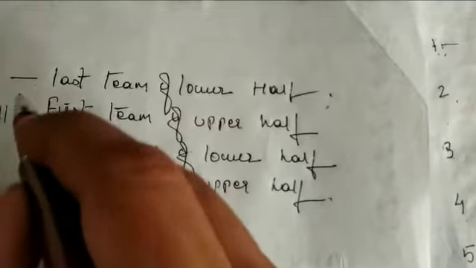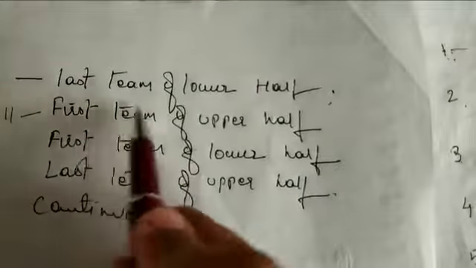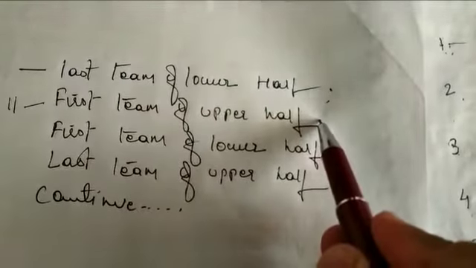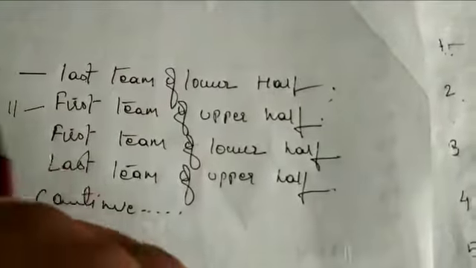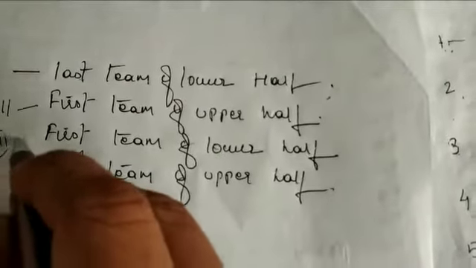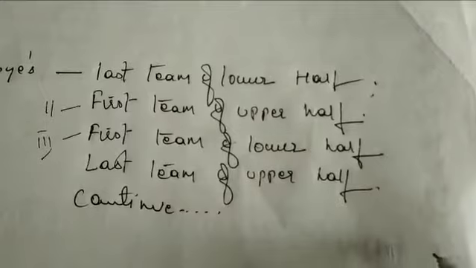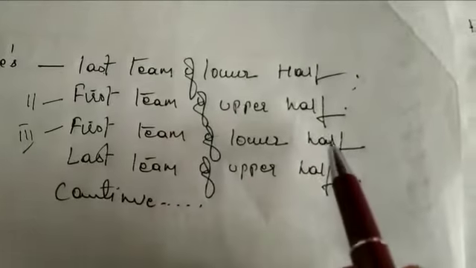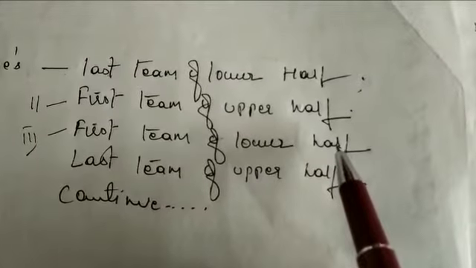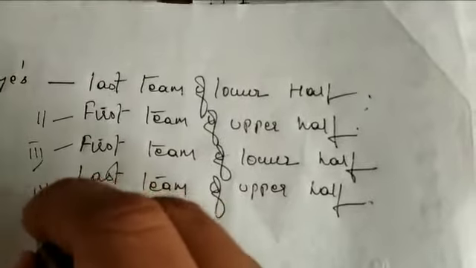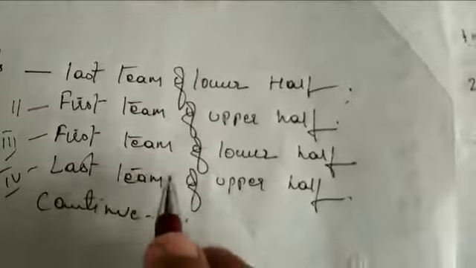Second bye, first team of the upper half, means the very first team. Third, first team of the lower half. And fourth, last team of the upper half.